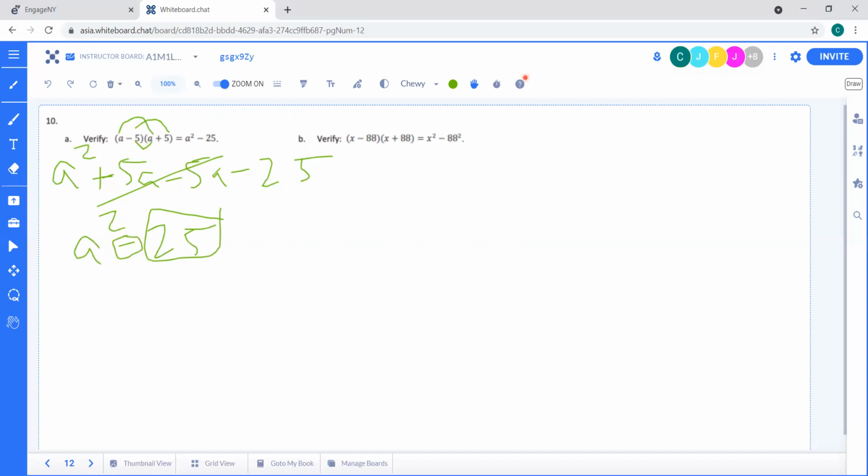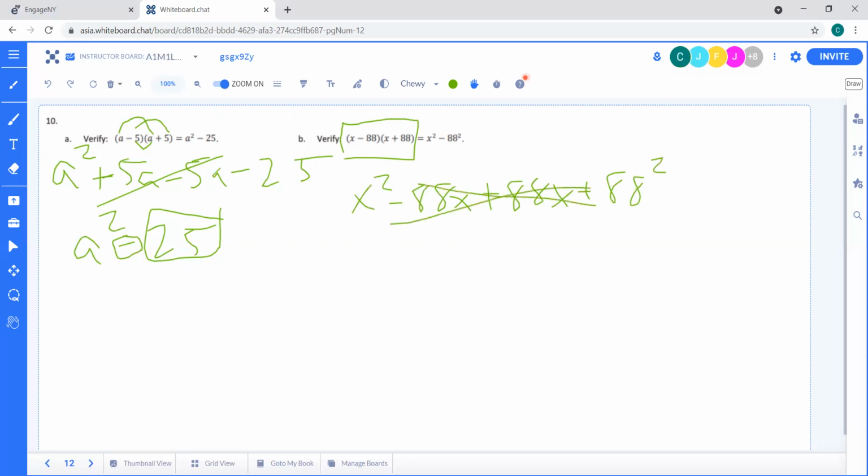Okay, so the same thing right here. Now, instead of doing 88 times 88, they just said 88 squared, right? Because if you were to do that, you would get x squared minus 88x plus 88x plus 88 squared. And I don't want to do that. That's really big.